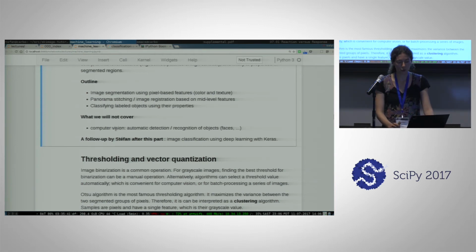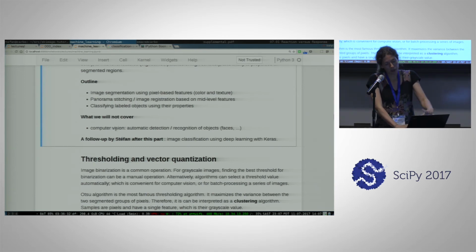If you want to know more about computer vision, you might check some excellent tutorials about OpenCV, for example, which has Python bindings. So is anybody here using OpenCV? A few people, yeah, it's an excellent library, and it can be used also in combination with scikit-image because it has Python bindings. So it's really cool that there are these different libraries that can work together.